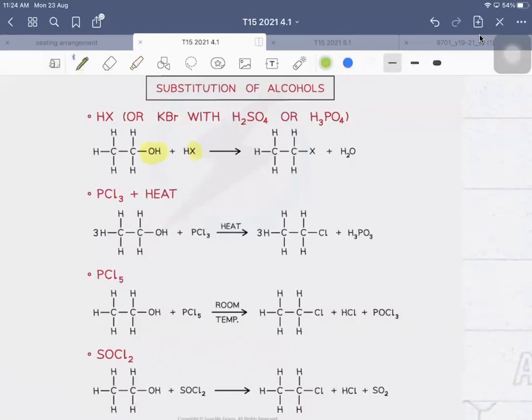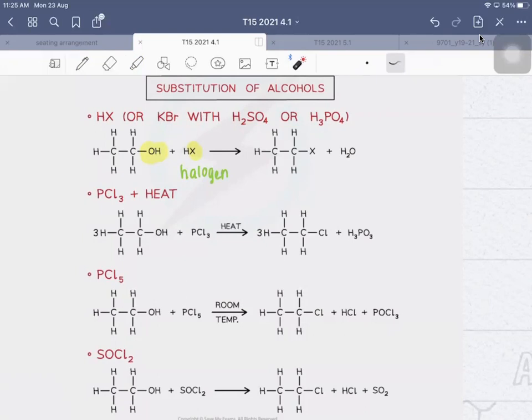Same thing, you can react your alcohol with the hydrogen halides, but there is a condition. You need to use a potassium bromide or a sodium bromide with a catalyst, sulfuric acid or phosphoric acid. So hydrogen halides is not something that you can produce beforehand and keep in a bottle.